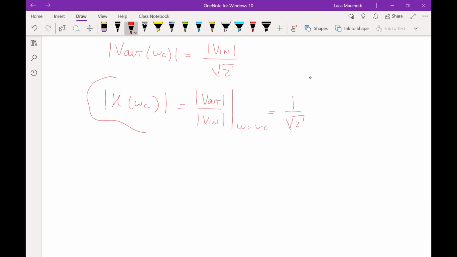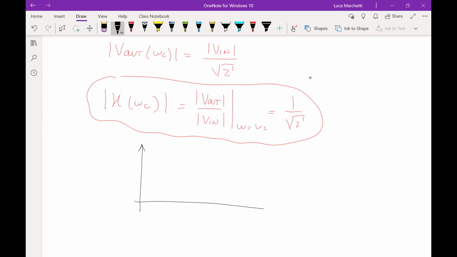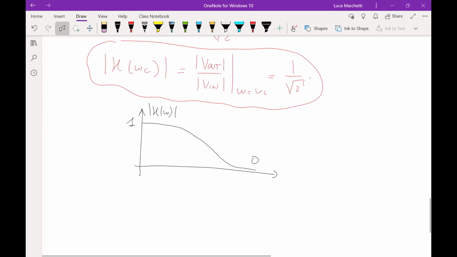So remember that if I have this plot that I saw before, let's try to give a meaning to this equation. I will finish this part, then we take a break. So what does this equation I just wrote mean?